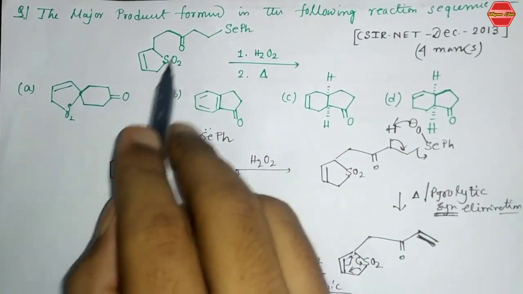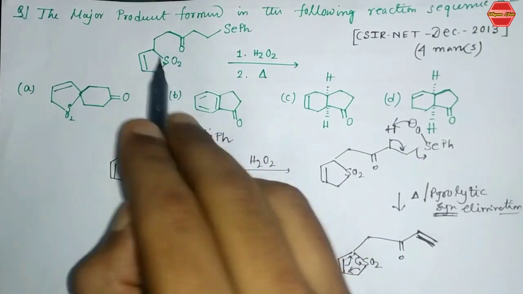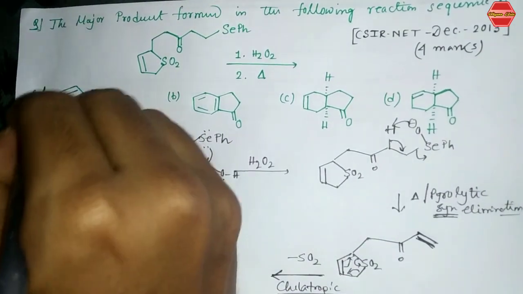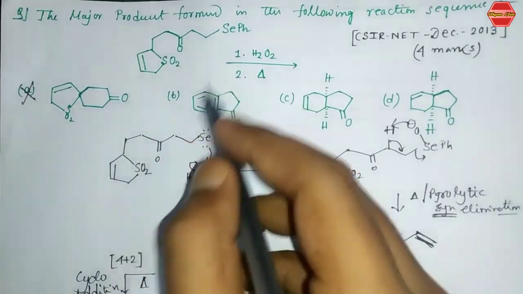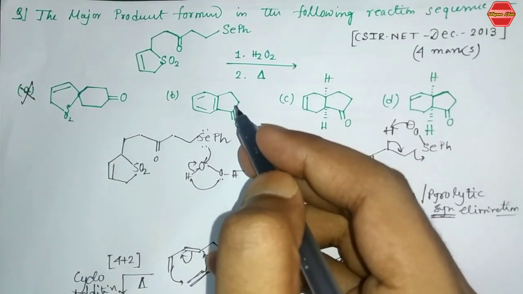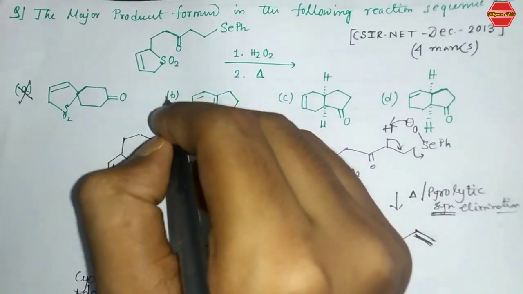Now see, from this type of SO2 compound, as we all know, SO2 is extruded from the system and you cannot get this product. So option A you can easily eliminate. There is also no possibility of the formation of this benzene type of ring, so you can easily eliminate those options also.